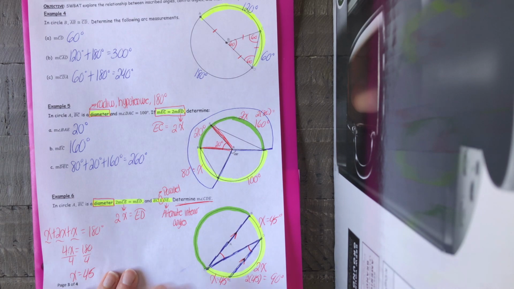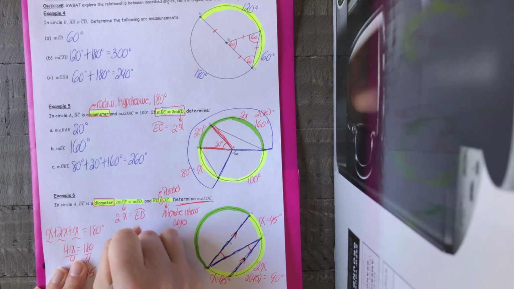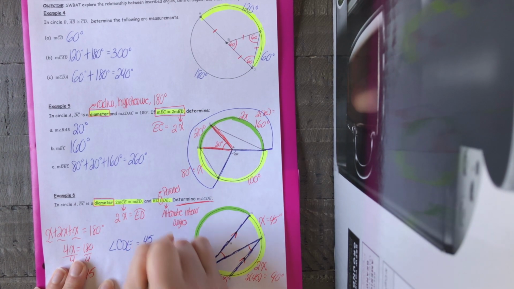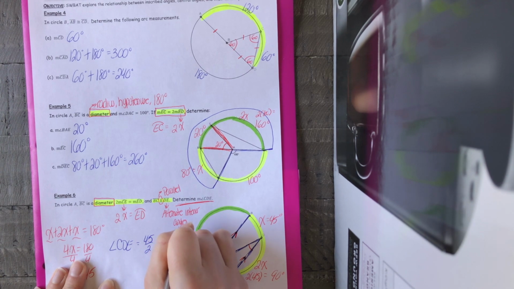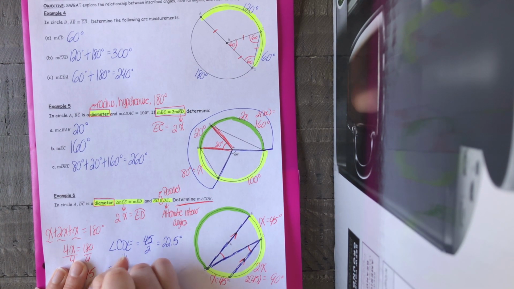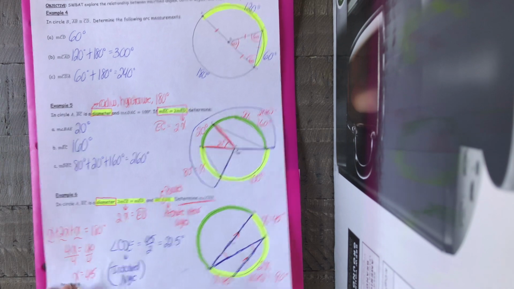I'm going to write the measure of angle CDE. It's going to be half of 45, which is 22.5. I'm getting that answer because I know this is an inscribed angle, which tells me it's half the arc. All right, and we are done.